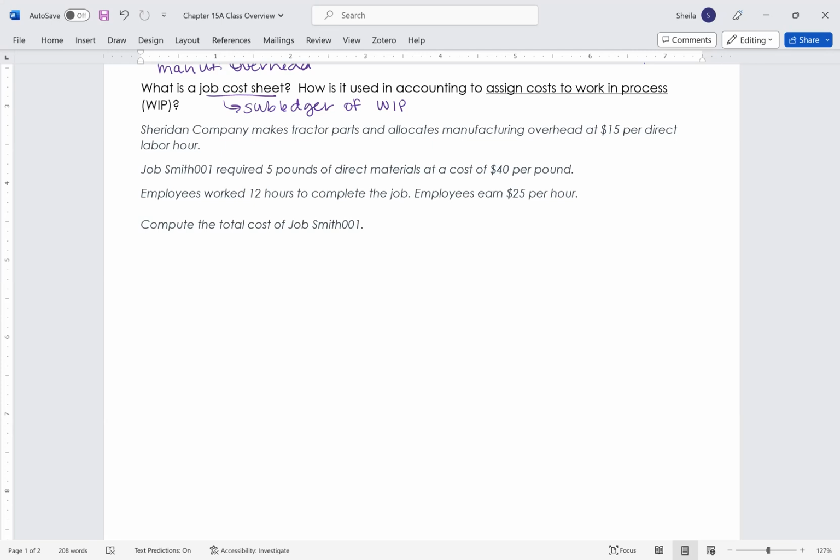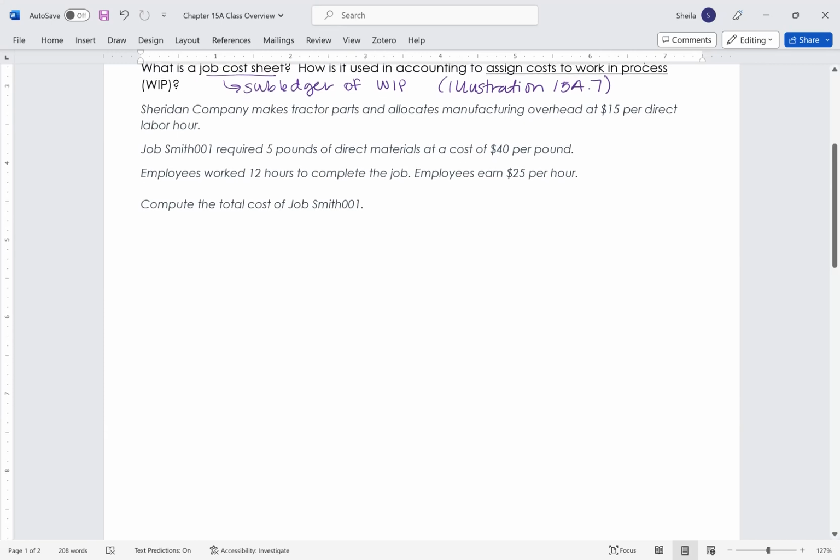Now I'm going to point you to another illustration in your text, and this is illustration 15A.7. Just take a look at that and you'll see what this job cost sheet would potentially look like. Keep in mind, every company has a slightly different document.